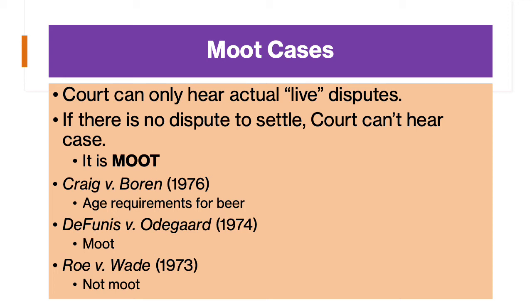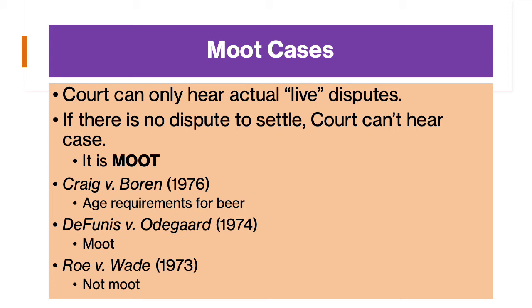In Craig v. Boren, remember that was a case about a state that had different age requirements for beer purchasing. Ladies could purchase beer at the age of 18, but guys, because they're immature or whatever, had to wait until they were 21 in order to purchase beer. And remember that state law was being challenged as violating the Equal Protection Clause.